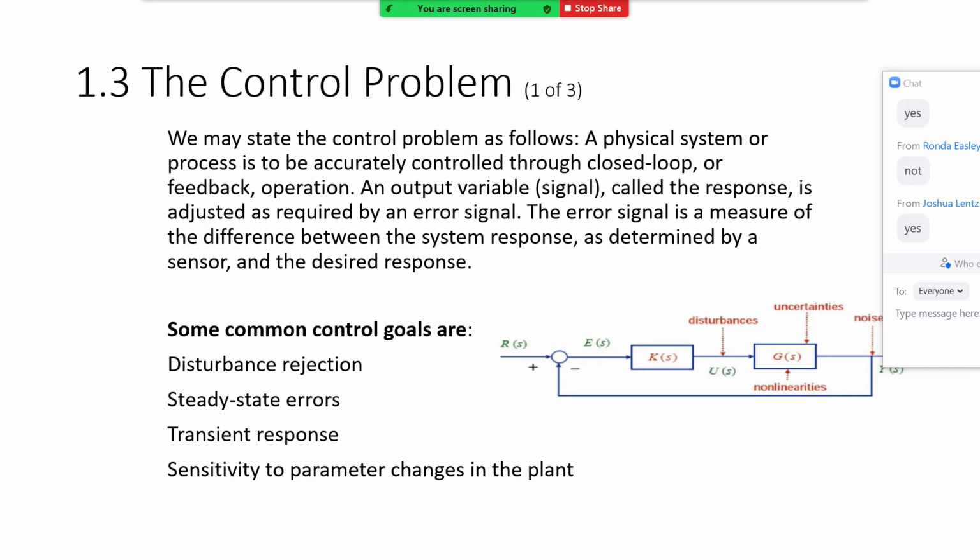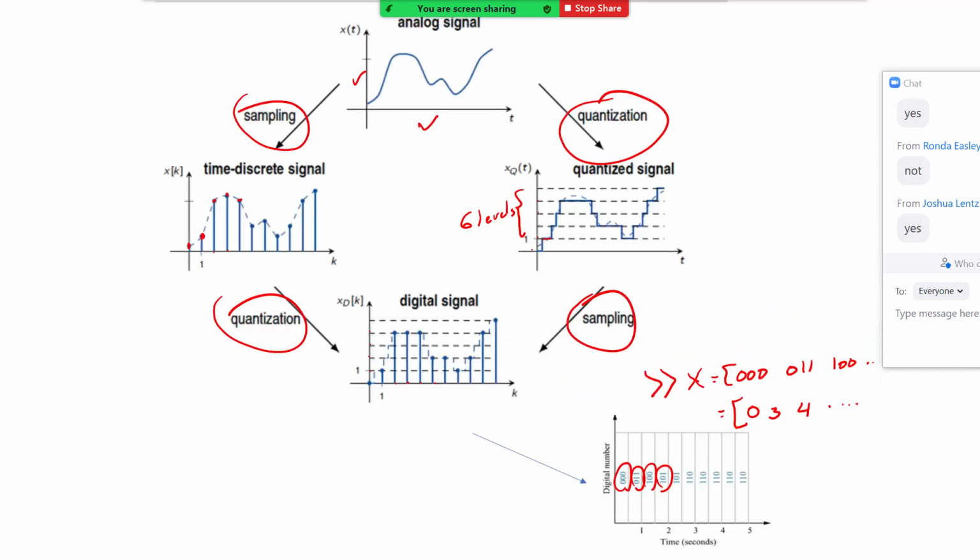Now, probably mention one thing here before we move to the next slide. If you remember, when we sample the signal, we have to respect certain laws in order not to lose information. Therefore, we apply the Nyquist theorem so that we can sample the signal and be able to reconstruct it without losing information.